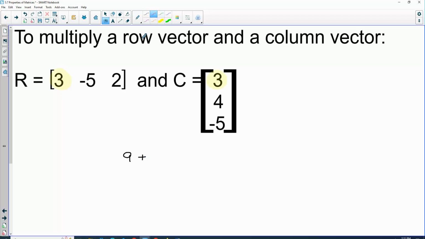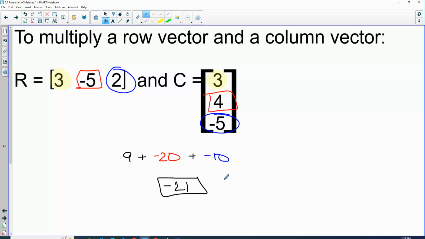Then I take the second number in my row times the second number in my column, so -5 times 4. Then I take the third number in my row times the third number in my column, that gives me -10. I add all of those together, so -21 is the answer to the row times the column.